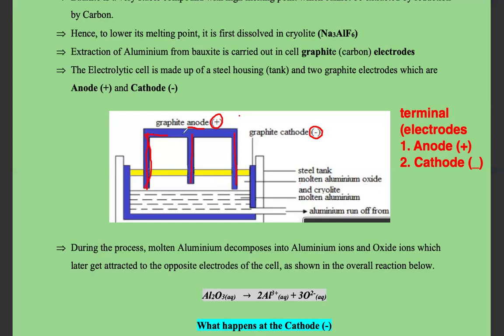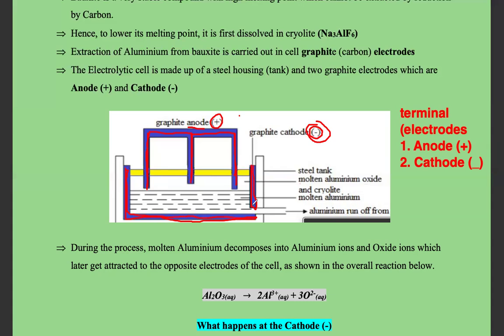So the ones that are dipped inside are the positive electrodes, or positive terminals. The other thing that we have is the negative terminal, which is just the lining of this whole cell inside.